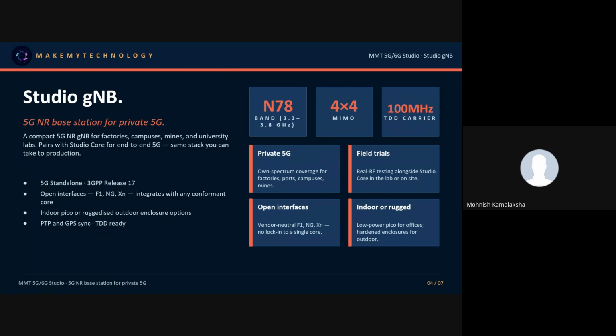Our Studio gNB. So this is a hardware component. Now, unlike other SDR solutions that you must have seen in the market, we have a gNodeB solution that operates on the N78 band, that is 3.3 to 3.8 gigahertz, 4x4 MIMO, and 100 megahertz TDD carrier.